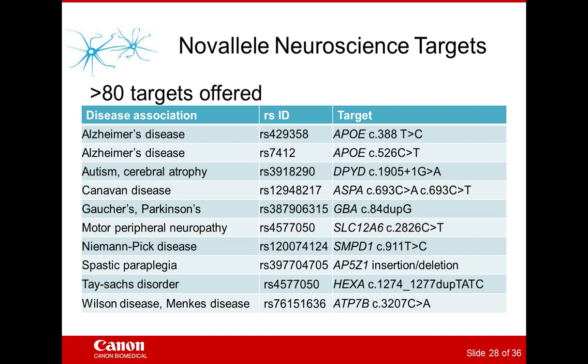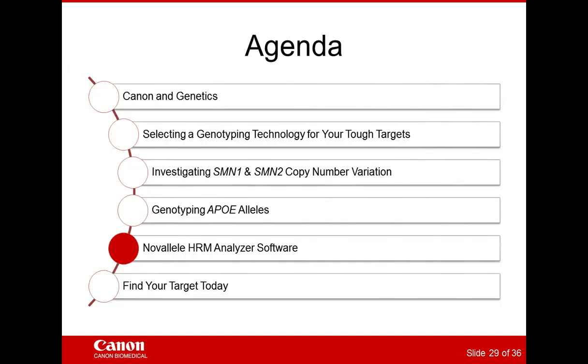So many different targets for both of those genes. For HEXA specifically, we had touched on that very large deletion assay. That, as far as we know, there's no targeted method to resolve that deletion outside of the Novallele line.